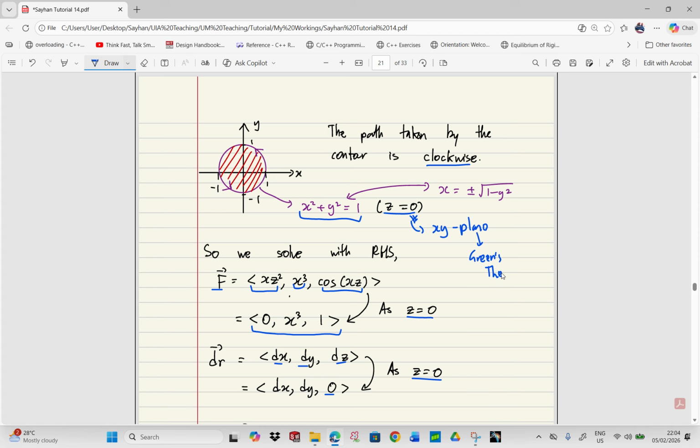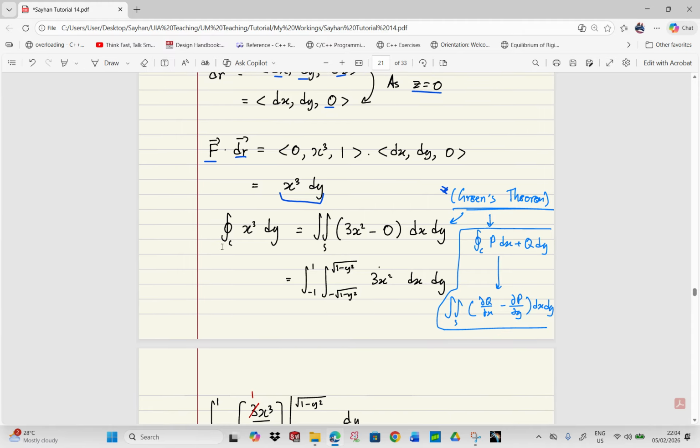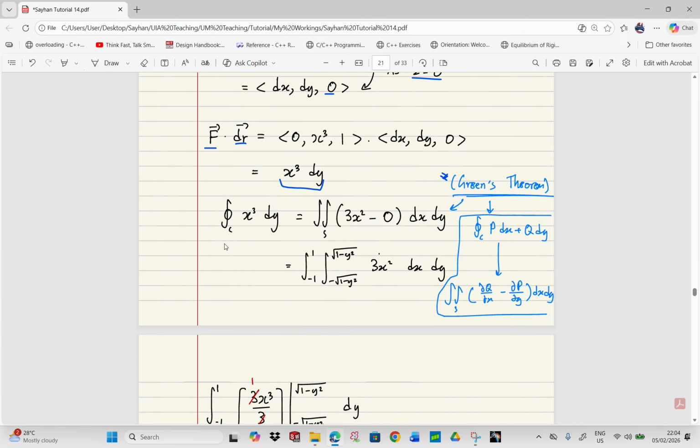By using Green's theorem, recall how the general formula looks, but this is for the counterclockwise case. Clockwise is just negative, so we end up having 3x squared dx dy.